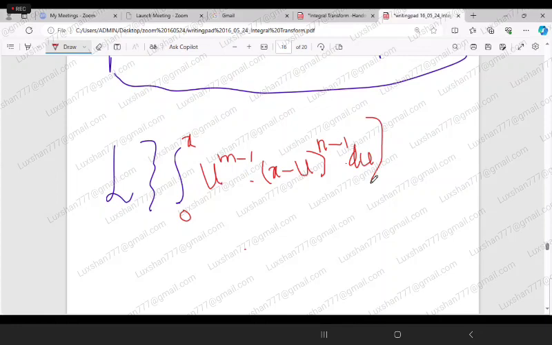So this is the convolution type. Look here: u to the power m minus 1 into x minus u to the power n minus 1.